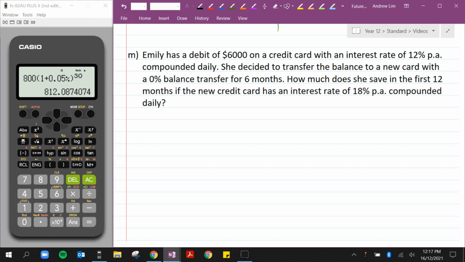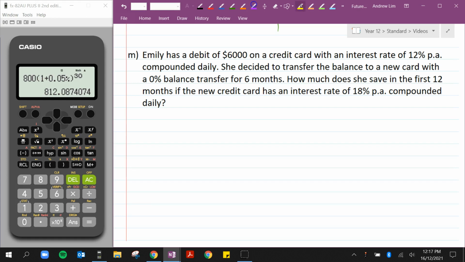Emily has a debt of $6,000 on a credit card with an interest rate of 12% per annum compounded daily. She decided to transfer the balance to a new card with a 0% balance transfer for 6 months. How much does she save in the first 12 months if the new credit card has an interest rate of 18% per annum compounded daily?